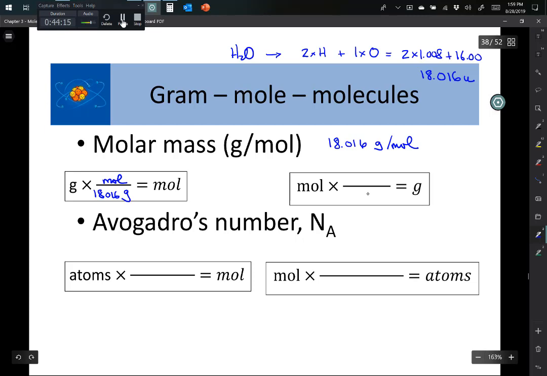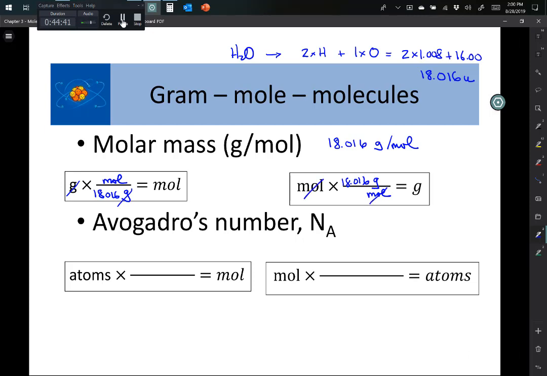What goes on the bottom for this one? Moles, and the number 1, if you want to put it; I just don't write it. And on the top, I need to have grams. The 18.016 goes with the grams always. When you do that, units will cancel. Grams cancels on this one, leaves me with moles. Moles cancel on this one, leaves me with grams.